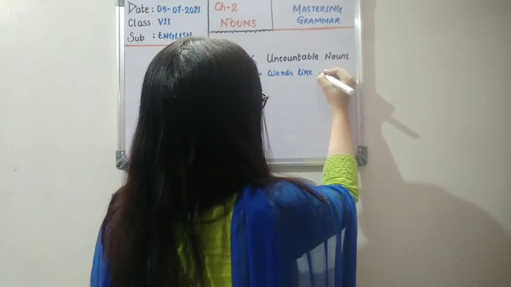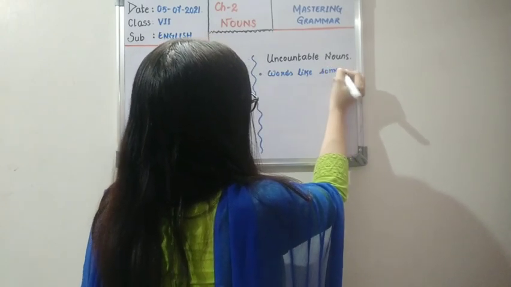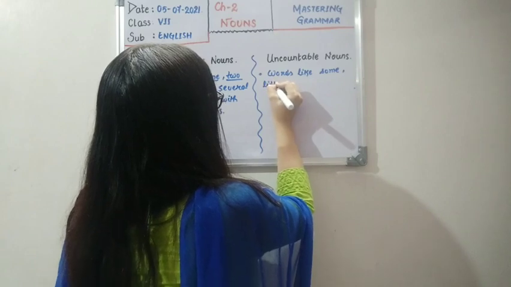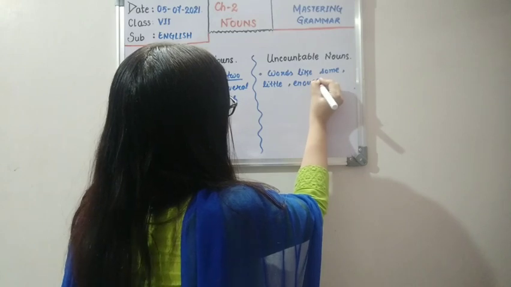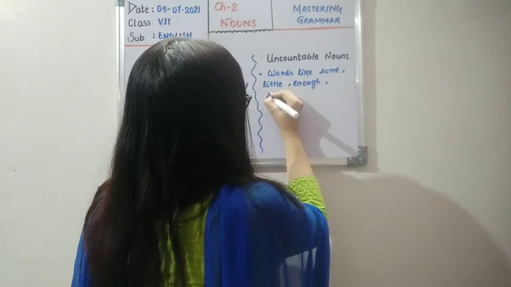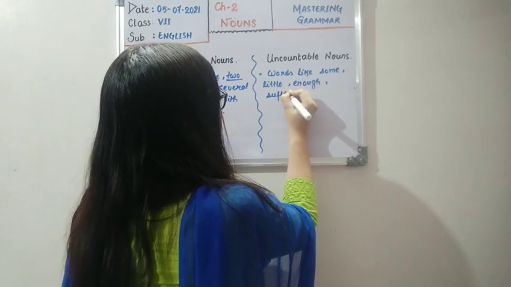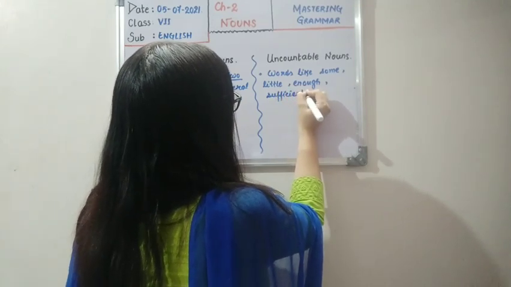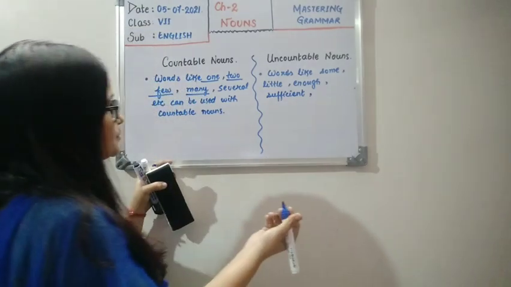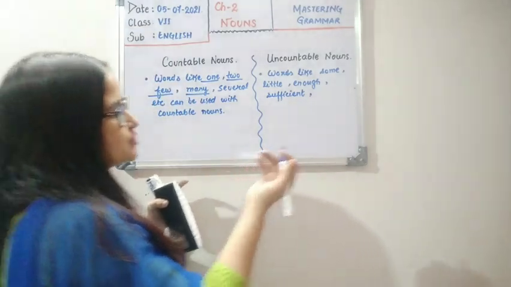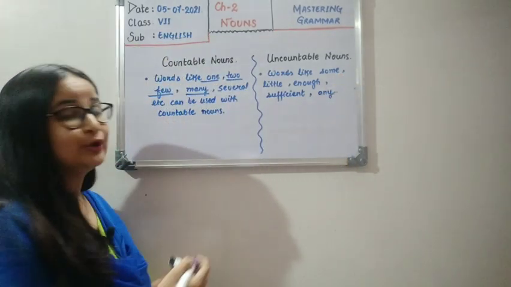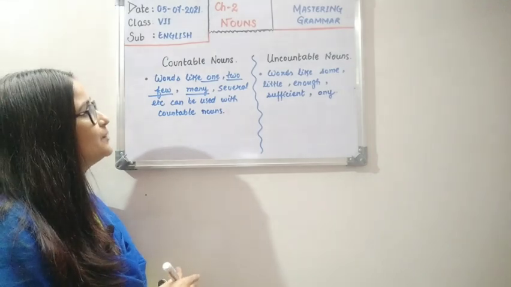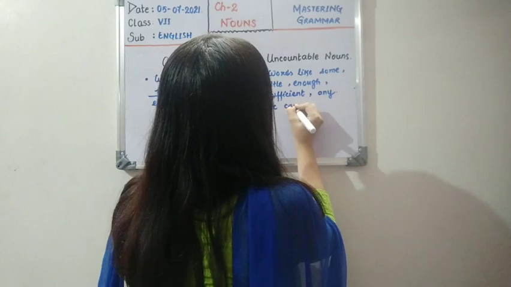So some words which are used are some, little, enough, sufficient. All the adjectives of quantity will be used because we can measure only, we cannot count. So some, little, sufficient, enough, any, all these words can be used just before uncountable nouns. But with countable nouns we cannot use them.